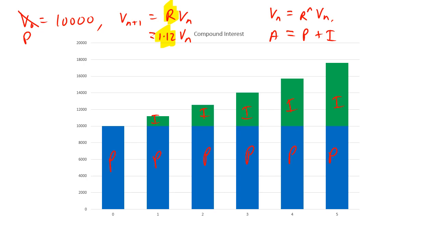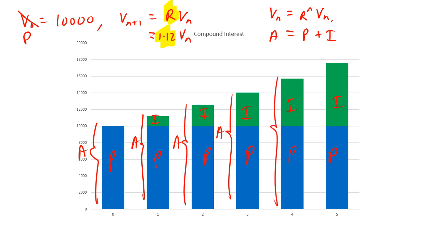Now we do know, of course, that the amount we owe is always the principal plus the interest. That was that formula we got over here, that the amount equals the principal plus interest. But you can see it doesn't really relate to this formula.